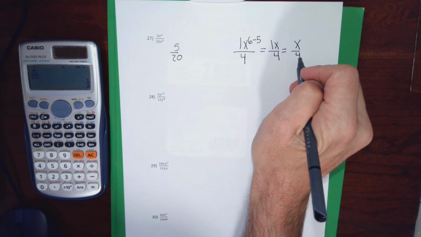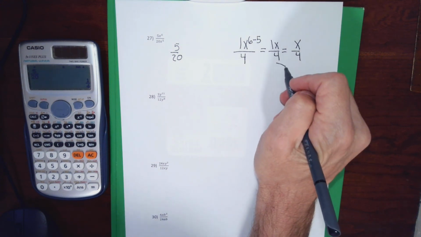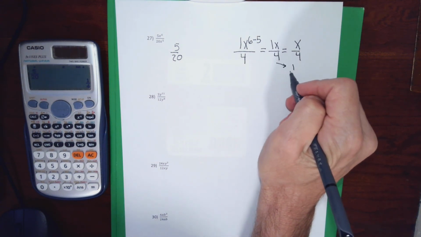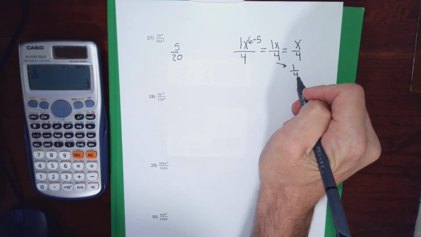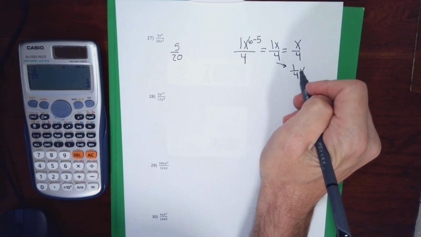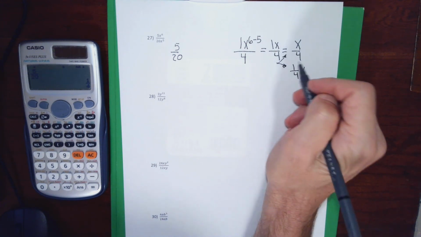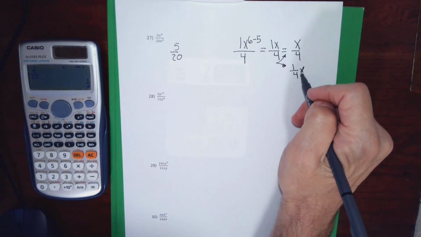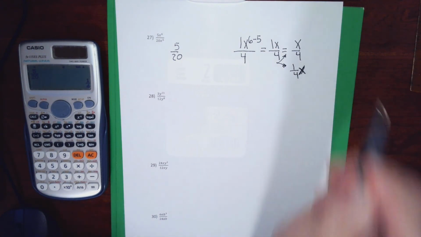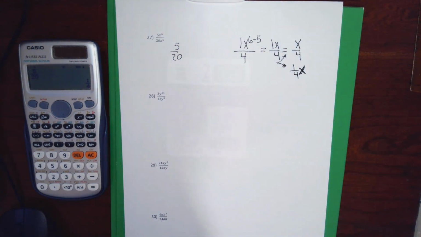It turns out that x, if it's straight multiplication in the numerator of a fraction, it's acceptable to drag that x off to the right of the fraction. And in that case, I should probably leave the 1 behind because I can't have a fraction without a numerator.